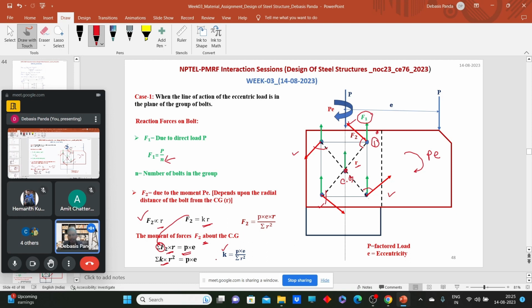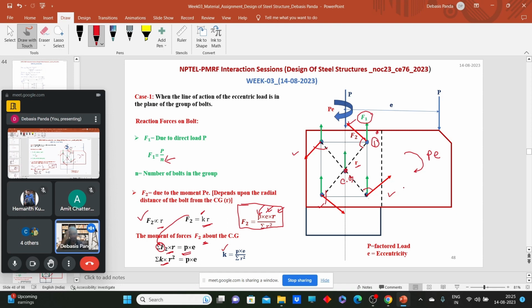Now put this value of K in this equation. What we'll have is the value of the F2 force. The value of the F2 force will be PER upon summation of R square. What is P? That is the factored load. E is the eccentricity. R is the radial distance from the CG of the bolts to the bolt in which we are calculating these F2 forces.